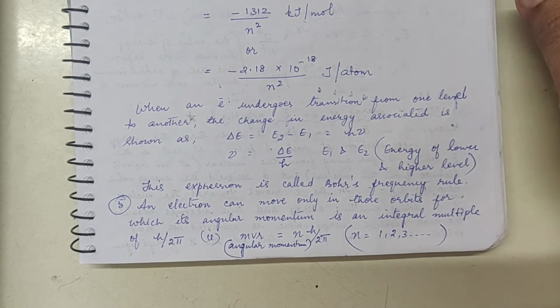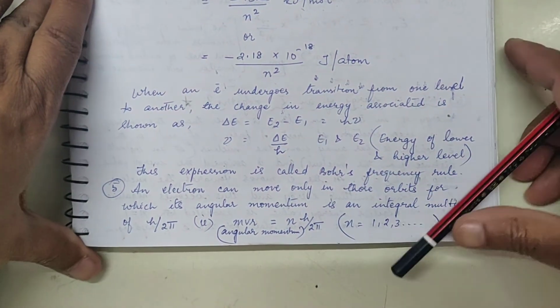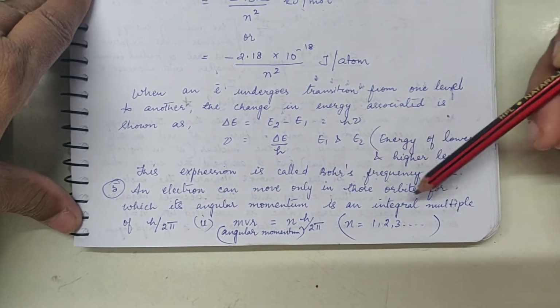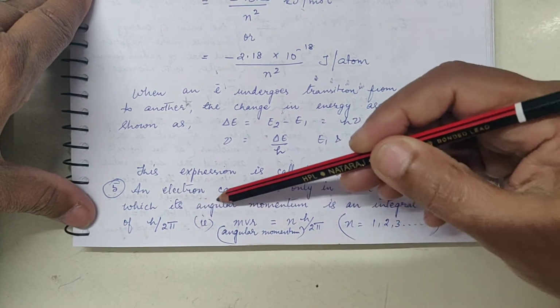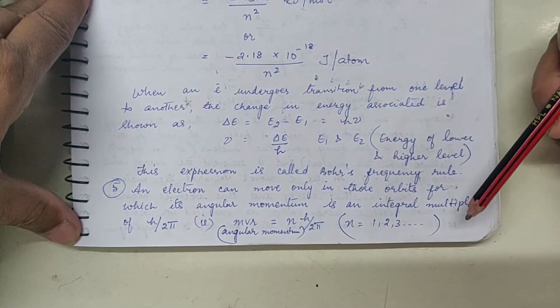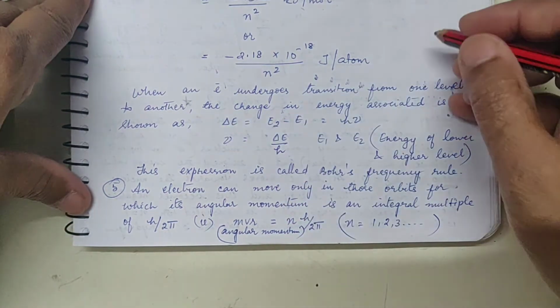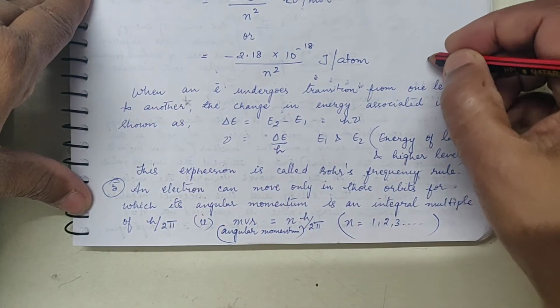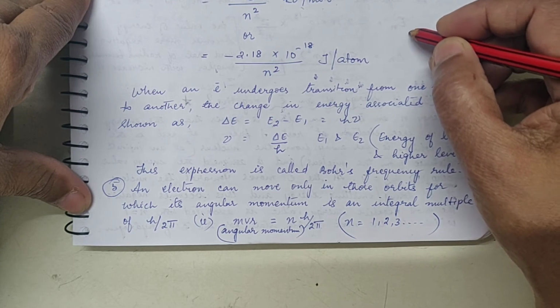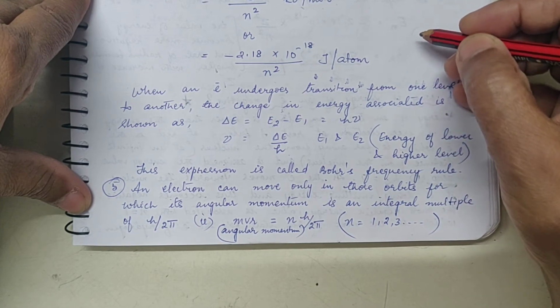Right. Now the next postulate is an electron can move only in those orbits for which its angular momentum is an integral multiple of h upon 2 pi. Now the electron is moving in circular orbit. Okay. So which orbit can it go to?